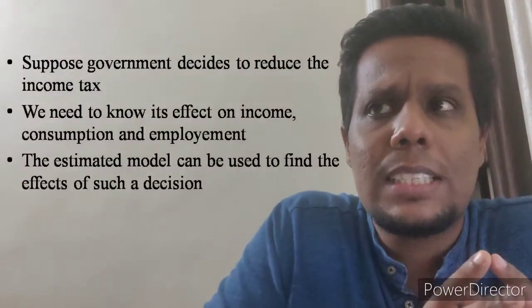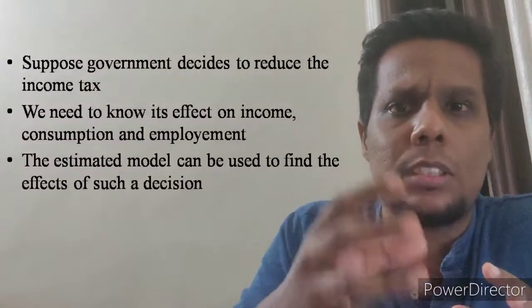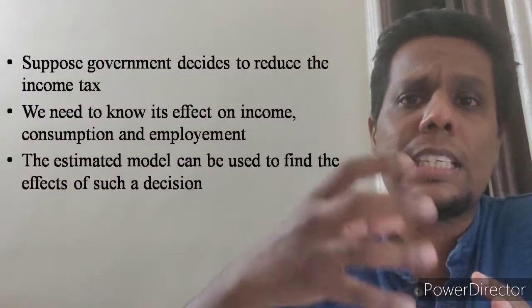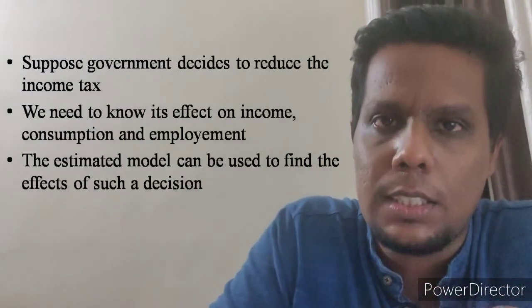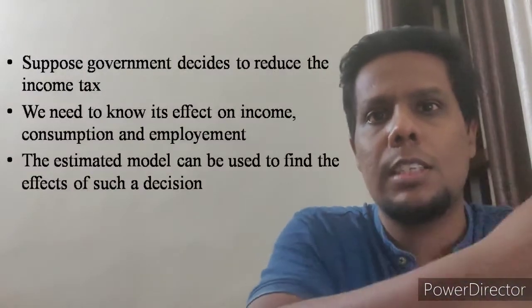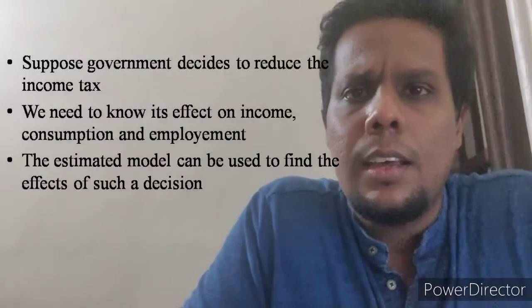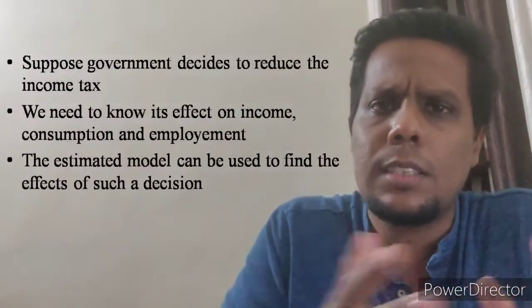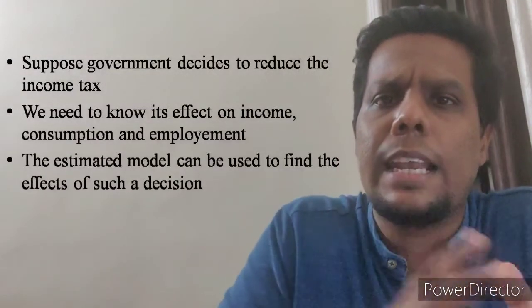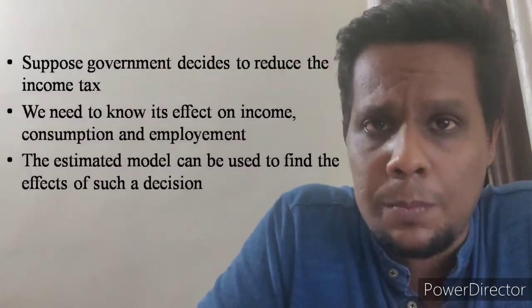Suppose the government is making a decision to reduce the income tax, and we need to know the effect of such a decision on income, consumption expenditure, and employment. Using this estimated model, we can easily analyze the effect of such a decision.